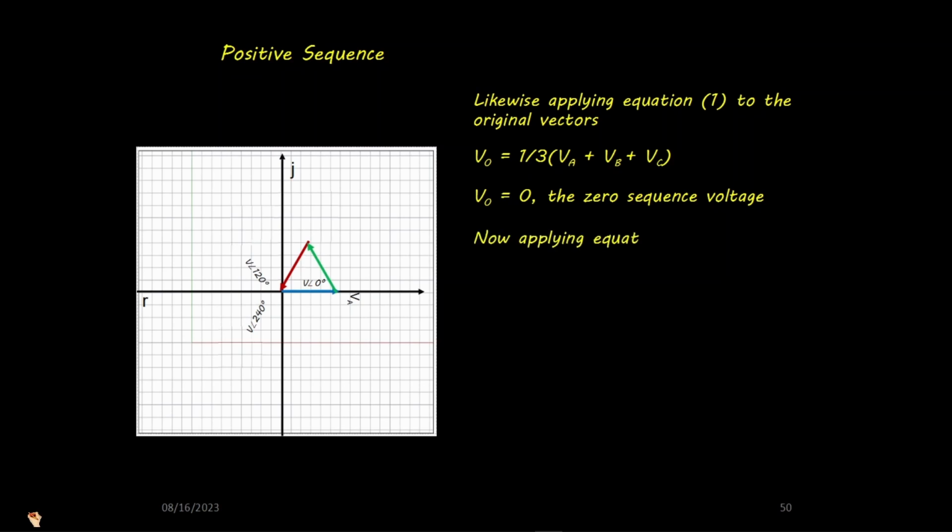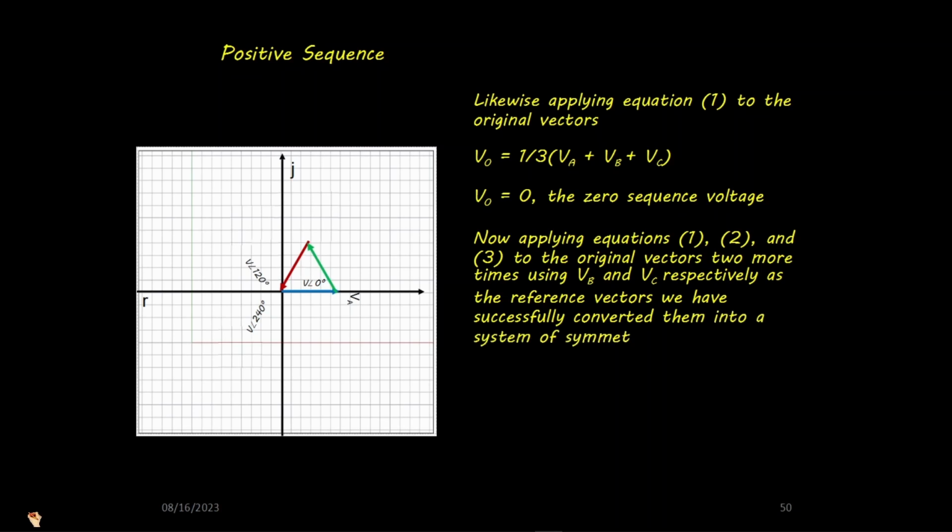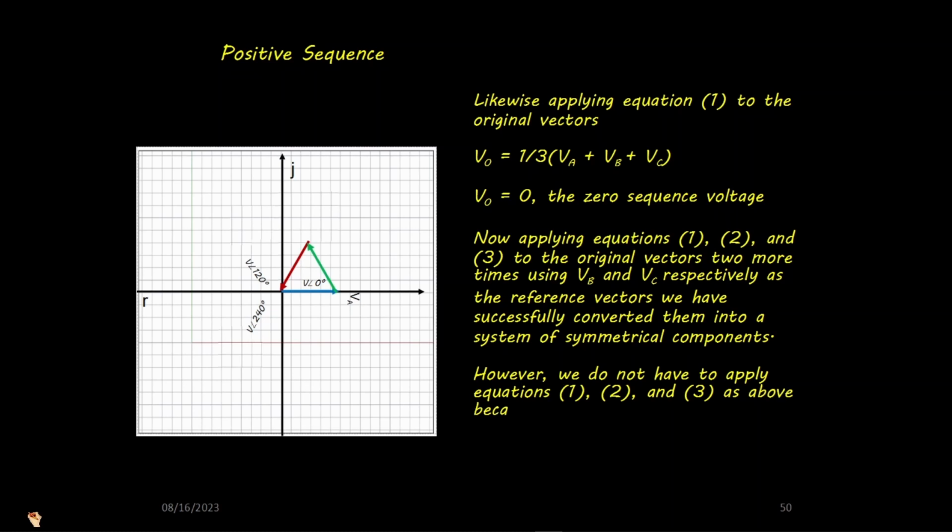Now applying equations 1, 2, and 3 to the original vectors two more times, using VB and VC respectively as the reference vectors, we have successfully converted them into a system of symmetrical components. However, we do not have to apply equations 1, 2, and 3 to the other two phases because we know the three phasor systems are balanced and 120 degrees apart.